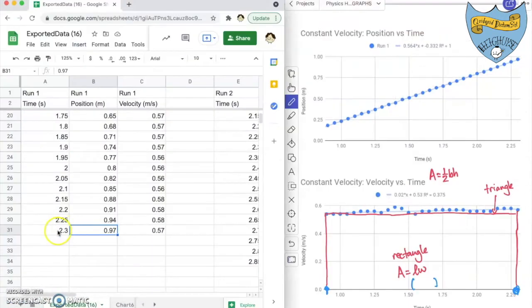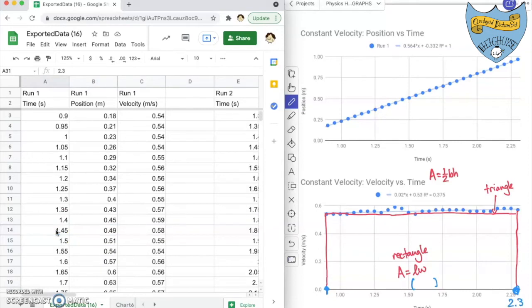All right, let me find those. Looks like my last time value is at 2.3 seconds, and my first value is at 0.9 seconds. So that means my length is going to be 2.3 minus 0.9. Then the width, depending on which way the triangle part here is sloping, you're either going to pick the initial velocity or the final velocity.